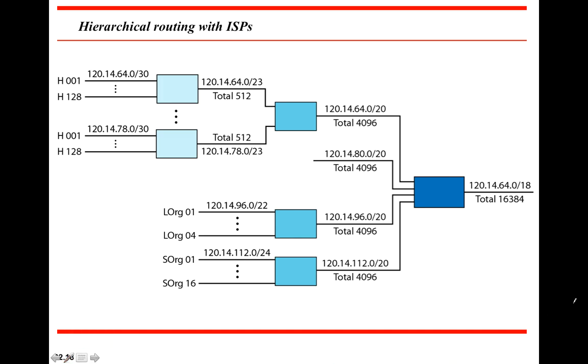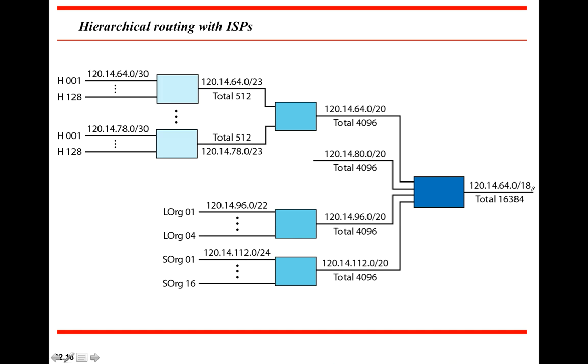We now see that this address with a subnet mask of 18 can provide us with a total number of hosts 16,384. So these are the number of hosts that we can accommodate in this IP address with this particular subnet mask.